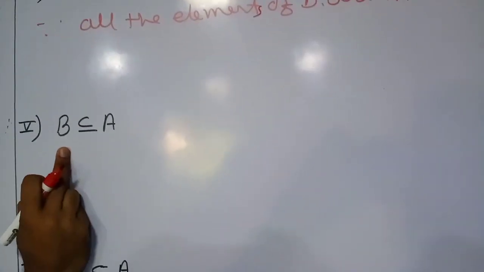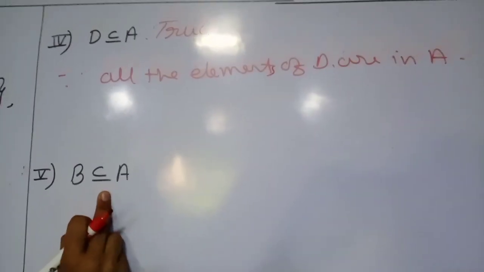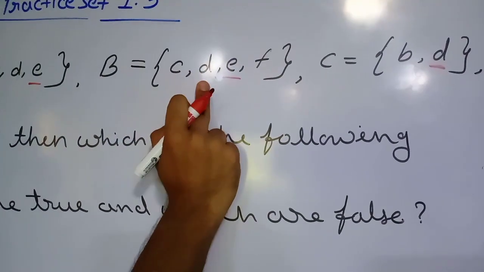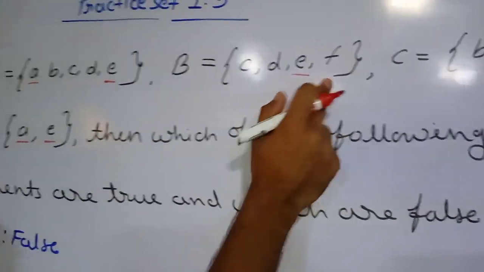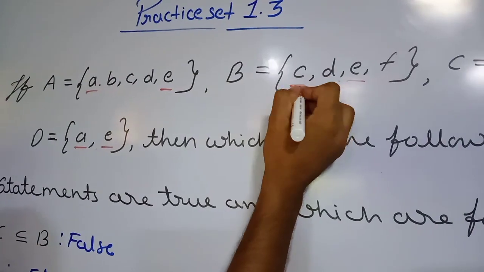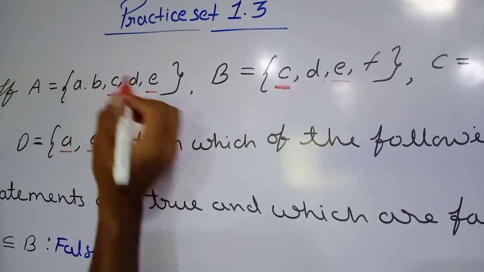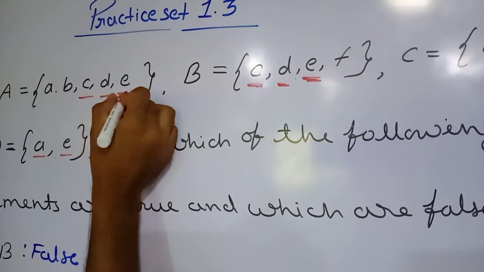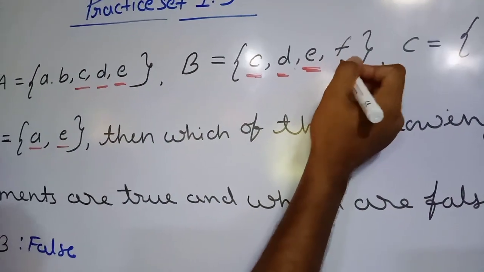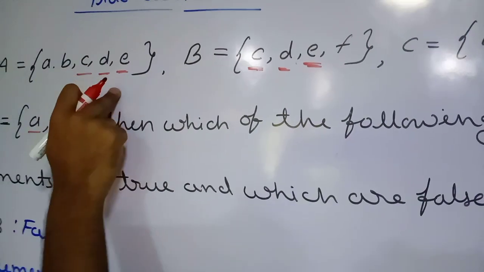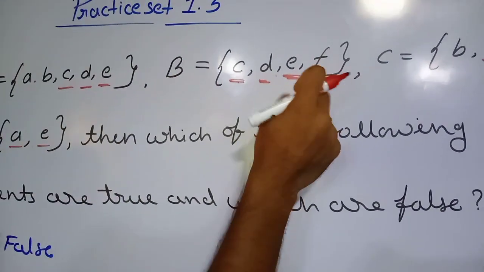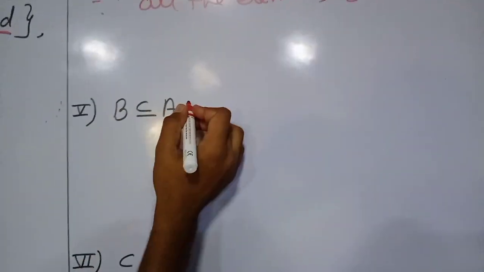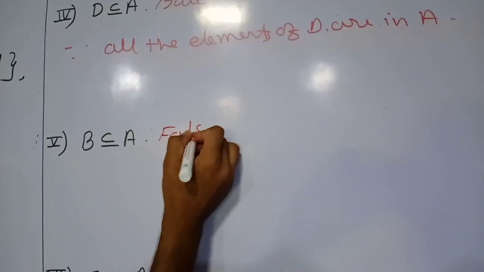The next one is B is a subset of A. Let's check. We have C, D, E, F. Starting from the C, we have it in here, we have it in the A also. D we have. E here we have, in the A also we have. But here we have F in the B, we don't have it in the A. So F is missing in the A. So B is not a subset of A. So it is false.